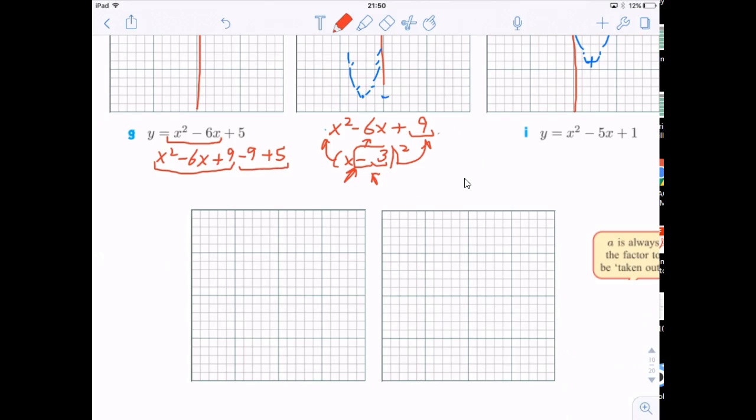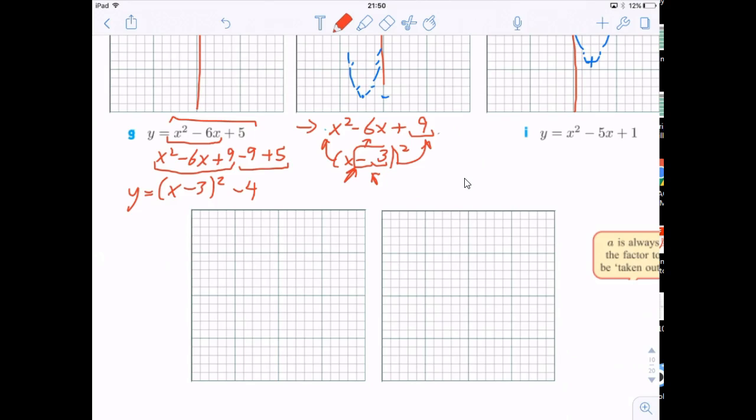So the first grouping we know reduces to x minus 3 squared, because we figured it all out here. And then the second grouping, minus 9 plus 5, turns into minus 4. And look at that. We just turned our standard form equation into a vertex form equation.